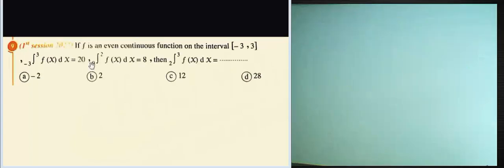Question 9. If f is an even continuous function on the interval from -3 to 3, the integral from -3 to 3 of the function equals 20, and the integral of the function from 0 to 2 equals 8, we want to find the integral from 2 to 3 of this function f of x. He gives us this information.